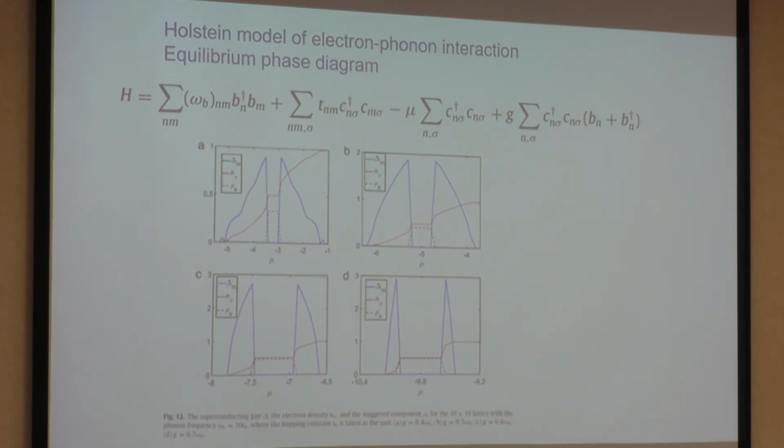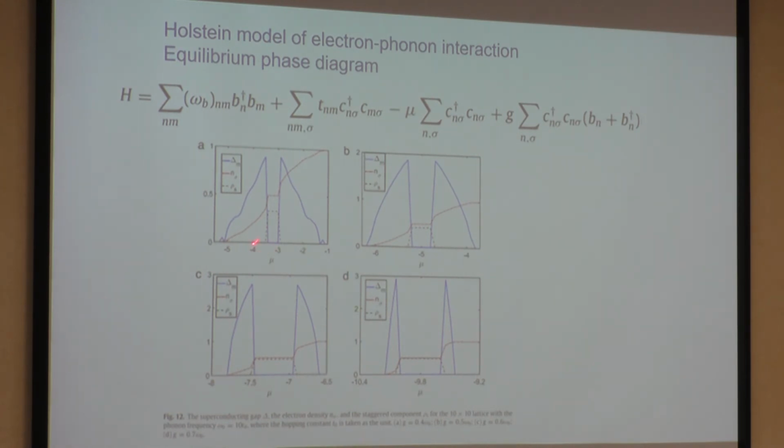Okay, so this just shows you that if we look at the equilibrium, we recover results which are perfectly consistent with the Monte Carlo study of the Holstein model. It's known that the Holstein model at half filling has charge density wave order.